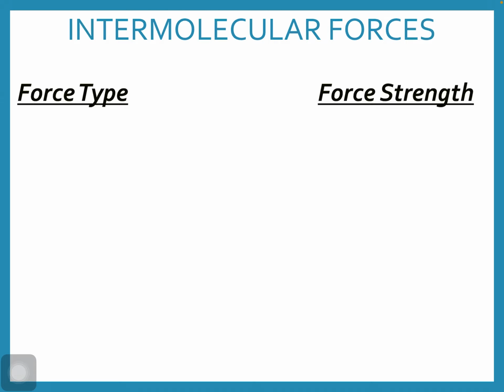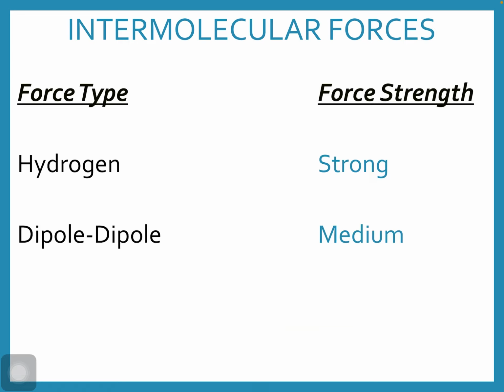So the next thing we're going to look at then is what are those forces between molecules when we have covalent compounds, and we have a very clear distinction between one molecule and the next. So the different forces we have are hydrogen bonds, which are very strong. Then we have dipole-dipole bonds, which are medium.